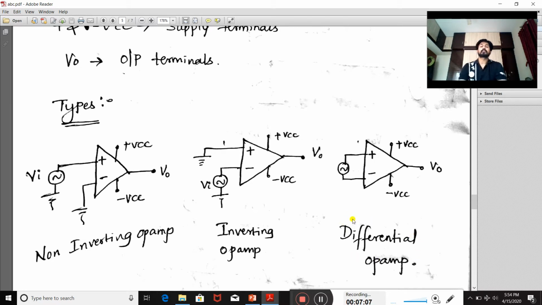So an operational amplifier can be used as an inverting, non-inverting, or differential amplifier based on where you connect the input signal. In this way the operational amplifier is classified.